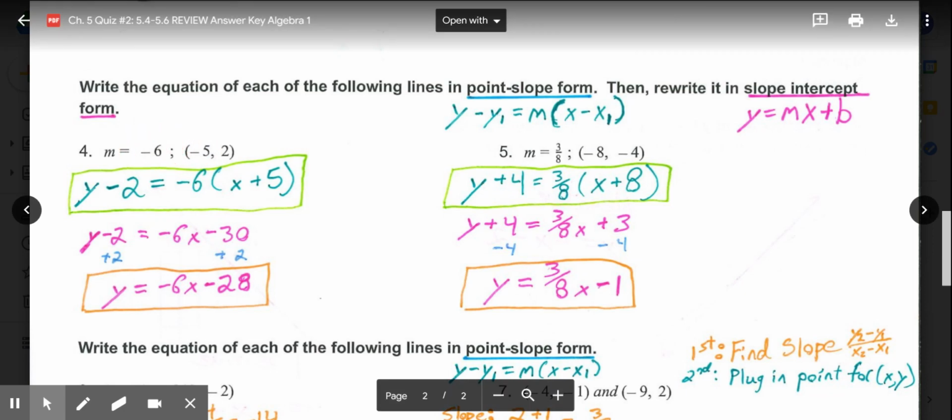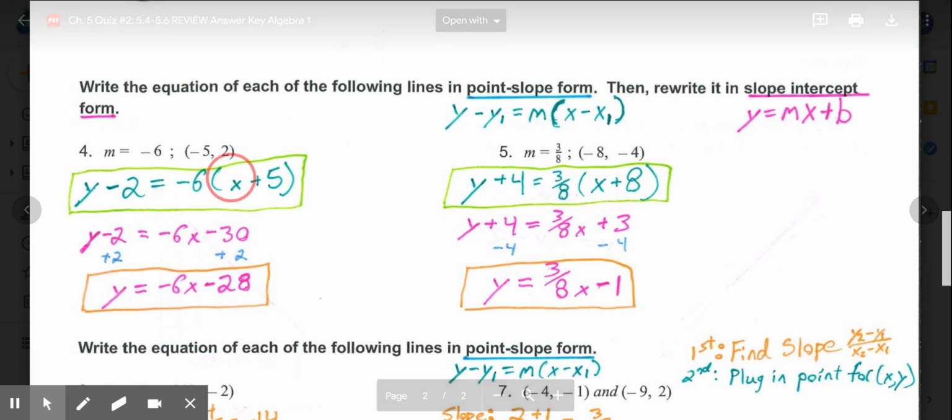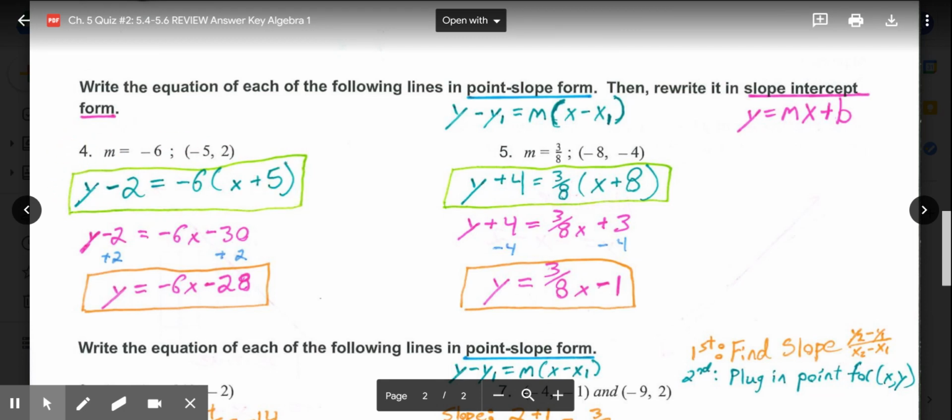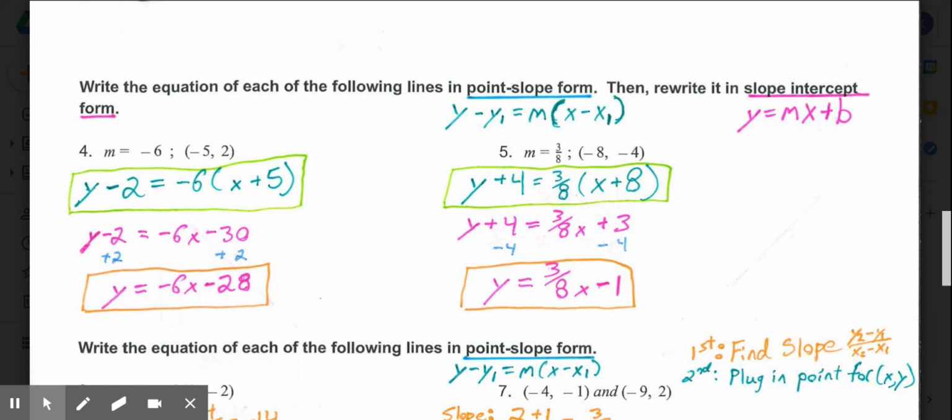So our point slope form would be y minus 2, because the original equation is subtraction, equals negative 6 times the quantity x plus 5, because it would be originally x minus the negative 5, which turns that to addition.